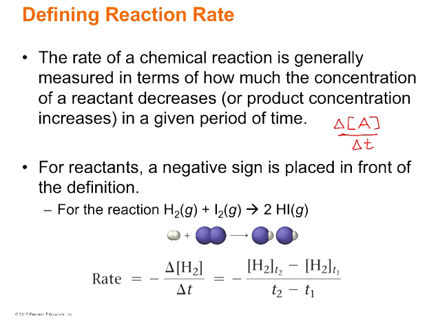For the reaction where hydrogen and iodine produce hydroiodic acid, the rate is equal to the negative of the change in concentration of hydrogen over the change in time.